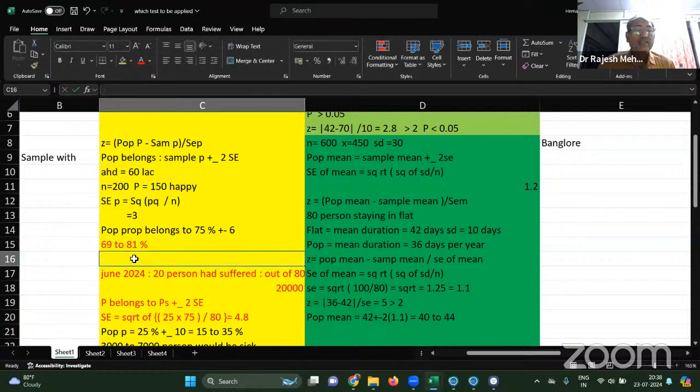But when the commissioner did a survey of almost the whole population, the data was 46% were happy. So what do you think about this?